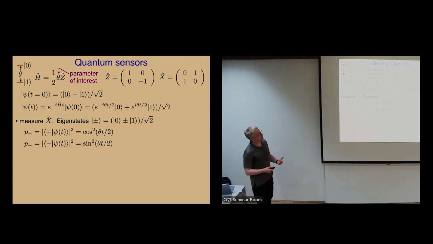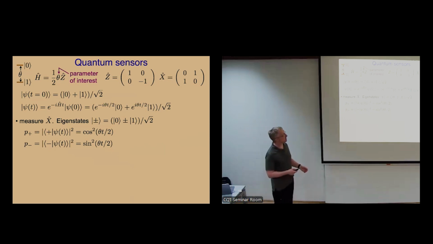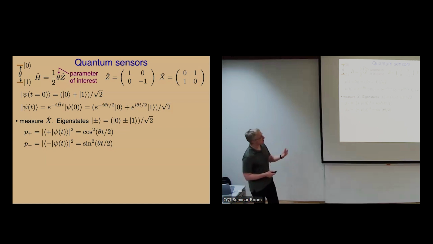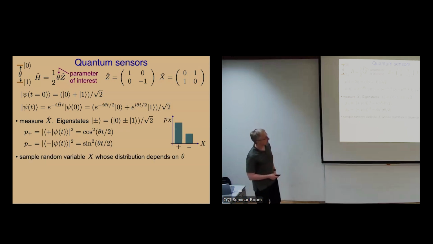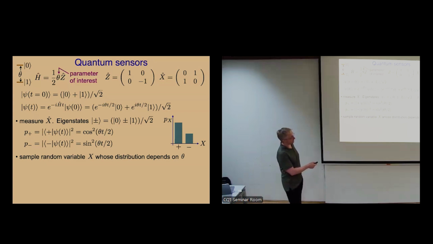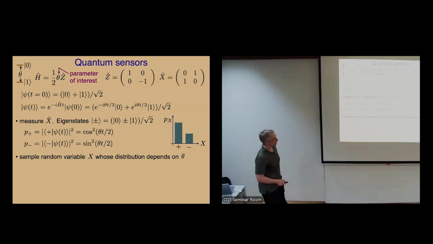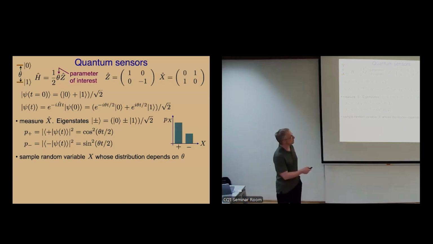Now if you were to repeat this experiment many, many times, every time it will be a sample from a classical random variable whose outputs are plus and minus, with probabilities p plus and p minus, and they depend on this parameter theta. So we're trying to extract the value of theta by sampling from this classical random variable.